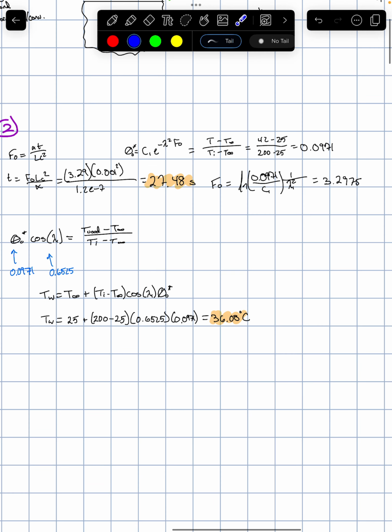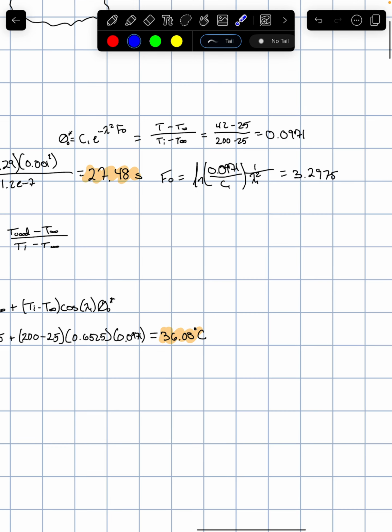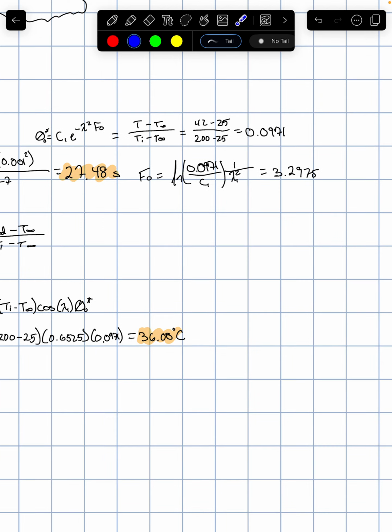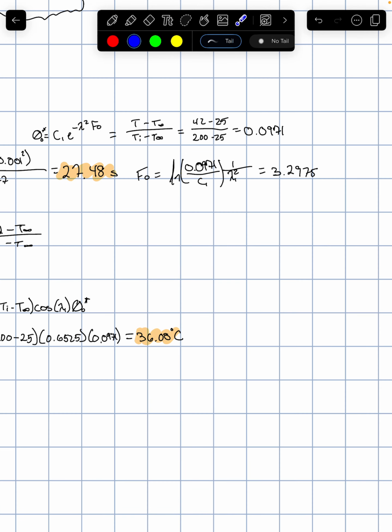Then, because we have that number, we can back solve for Fourier's number using the rest of the numbers we have, because as we know, lambda, C1, and we just calculated the dimensionless temperature.